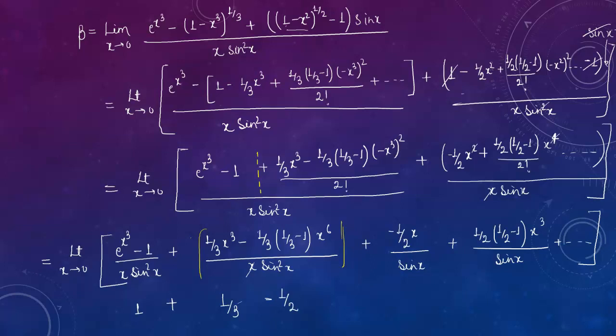And after this you can see here, this term, if I write it as x square into x, again this sin x and x will be combined and give me value as 1. So this will give me value 1, but x square is still remaining, it will make the whole term 0.